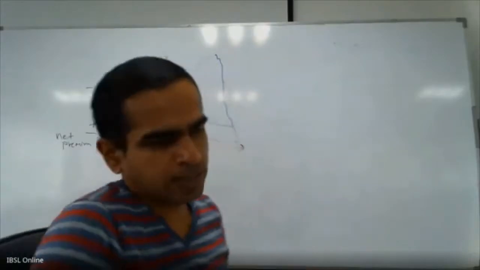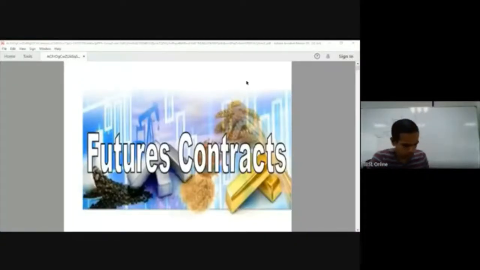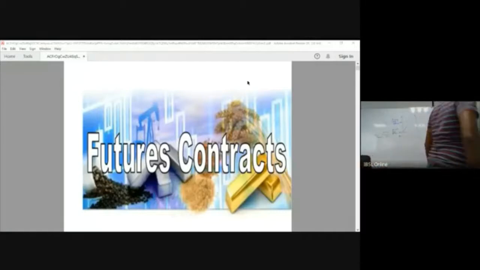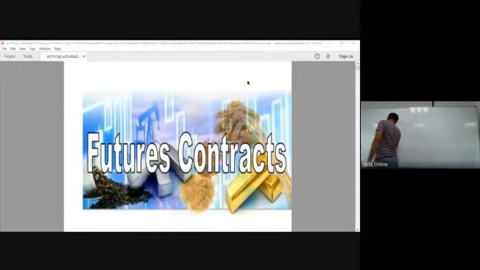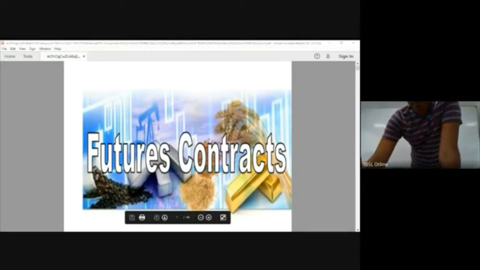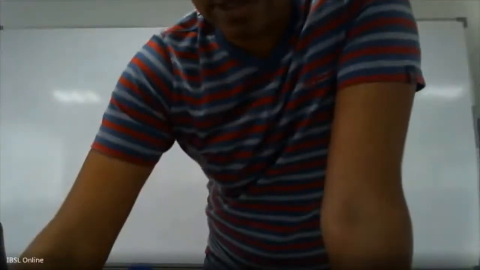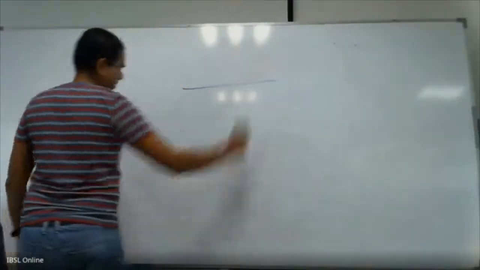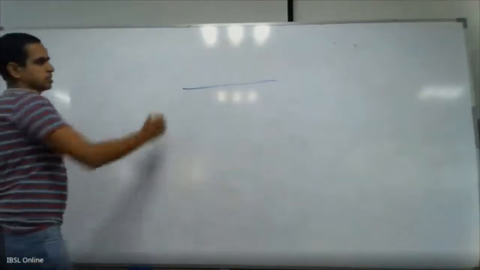Okay, so before we get into futures, I'll do another small thing. Now we discussed forward exchange contracts. Forward contracts can also be structured for interest rates.